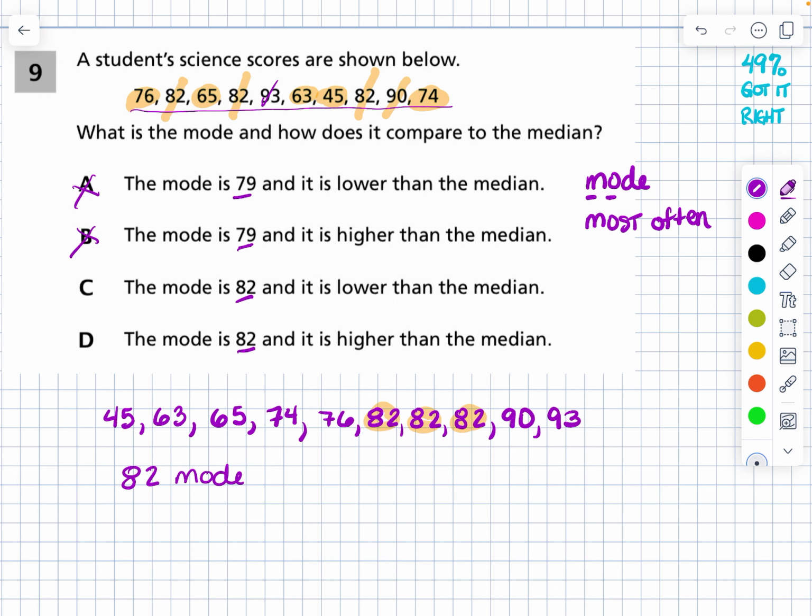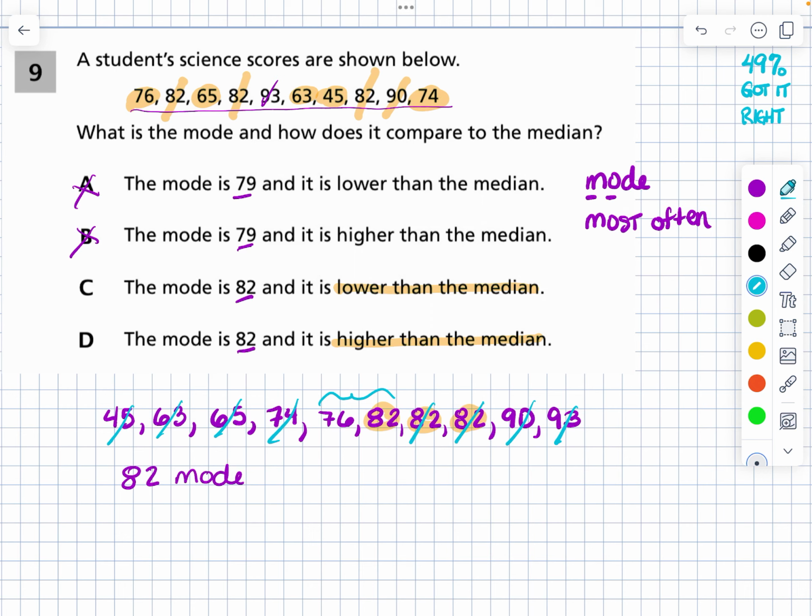And then it says it's lower than the median and it's higher than the median. So now we need to find the median. And to do that, what we're going to do is cross off the number on the far right and the far left, and then we keep doing that until we get to the center. If you notice, we have 2 numbers in the center.